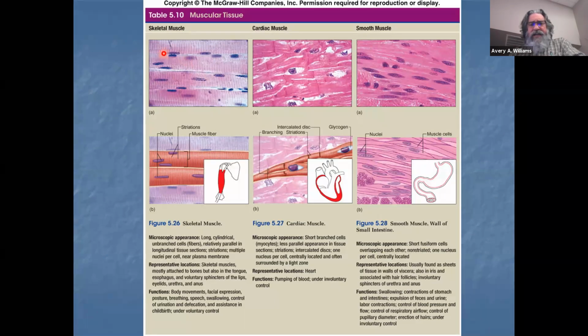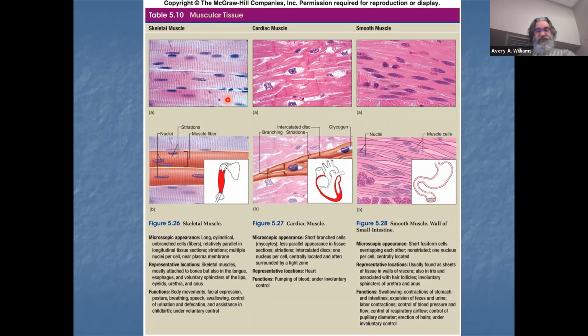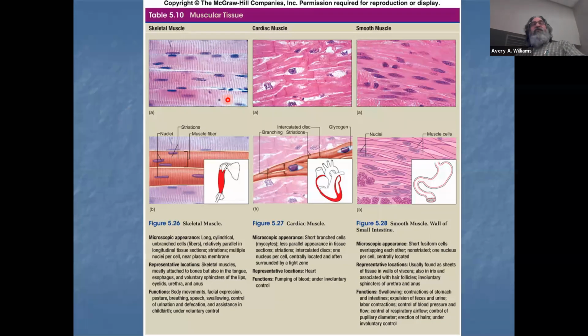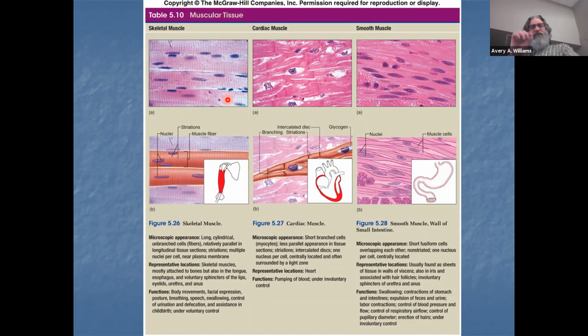Now, if you look at it, it's unique compared to the other 2. This is a lateral view looking at 1, 2, 3, 4 muscle fibers. When you're talking about muscle in terms of histology, the tissue, the word fiber is synonymous with the word cell, for muscles, that is. So muscle fibers are actually muscle cells. They call them fibers because they're huge cells.